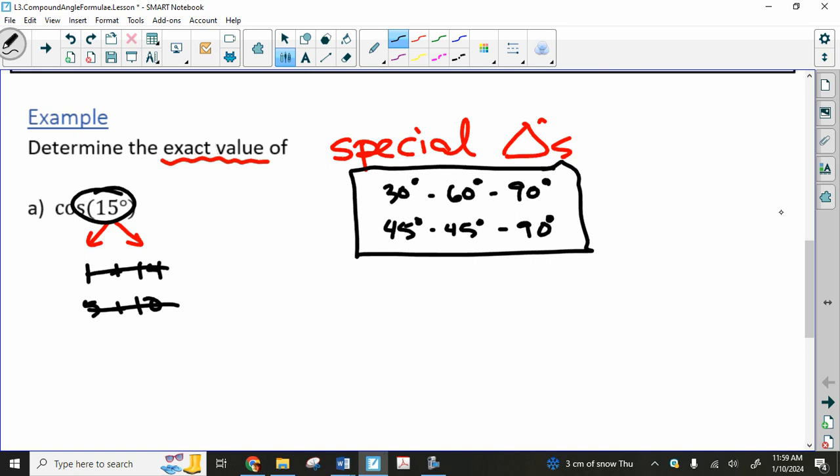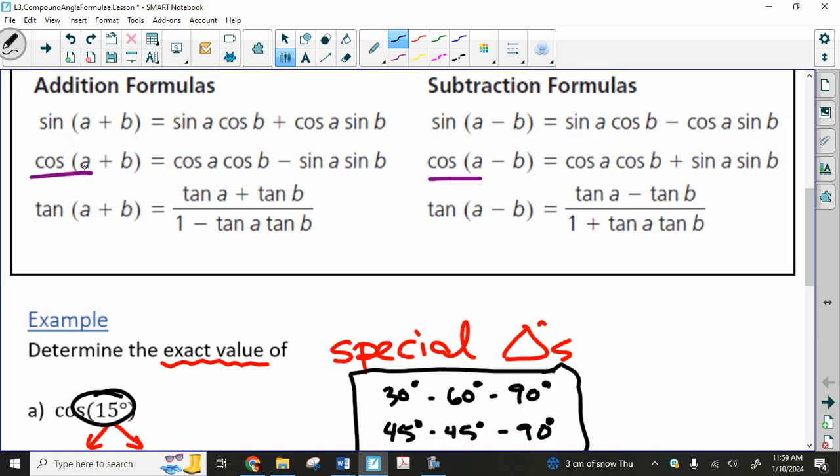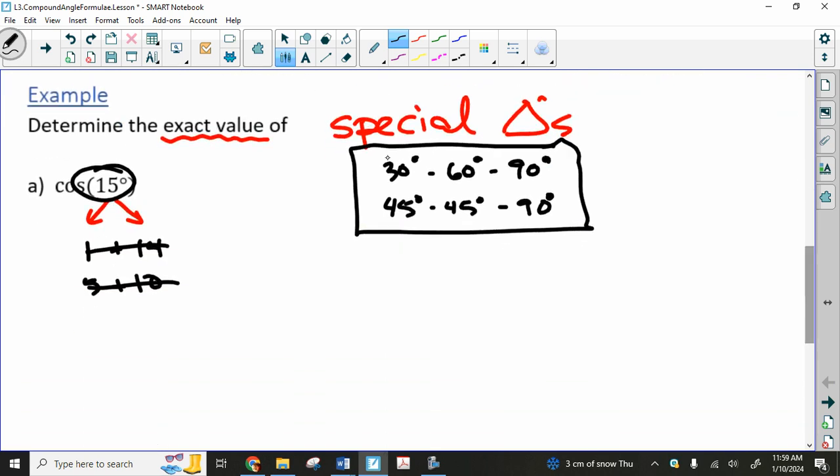So can we get the number 15 from any two of these values? Well, we can't add any of them. 30 plus 60 would give us 90, 30 plus 45 is 75. If we did any of the additions, A plus B, we can't get to 15. So we're going to have to use the cos subtraction formula. If we use 30 and 45, we could subtract those two values to get cos of 15.